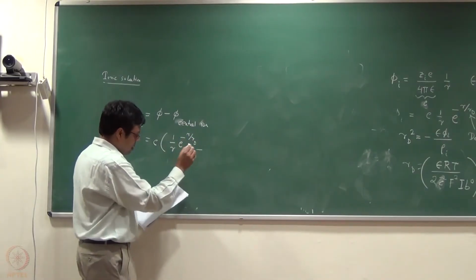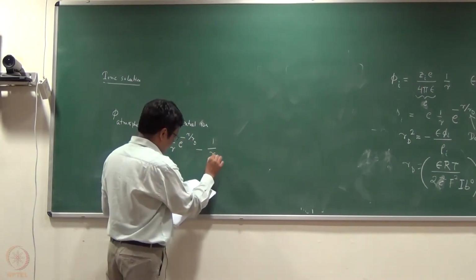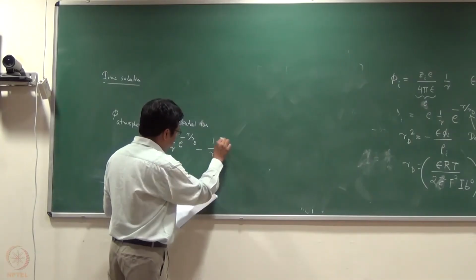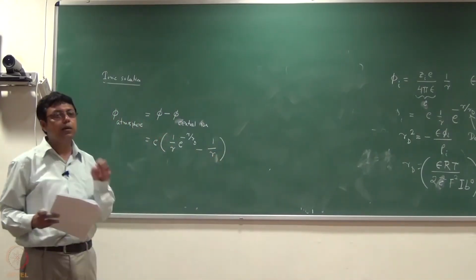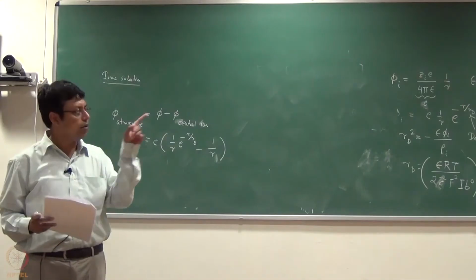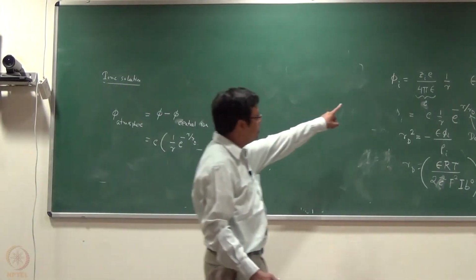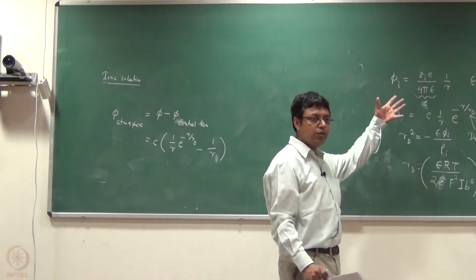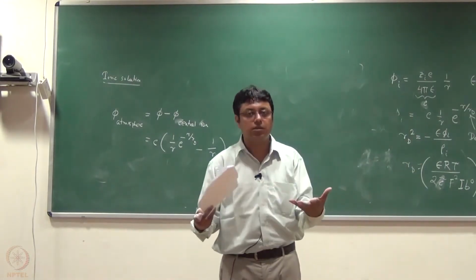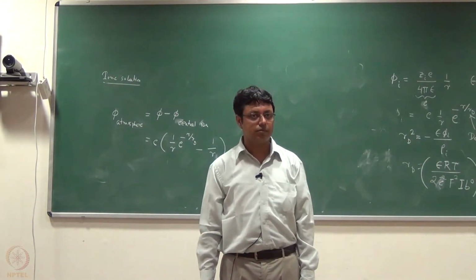And minus the central one, which will always have 1 over r. Why? Because it's a charge. This is for the charge, this is for the ionic atmosphere. The difference will be basically the net potential which you are having.